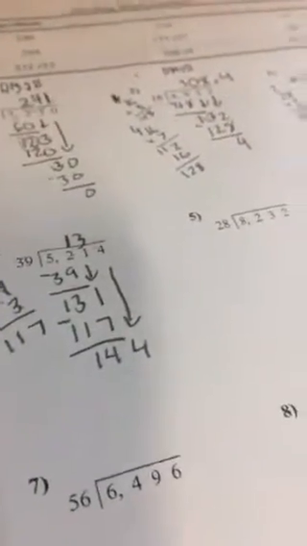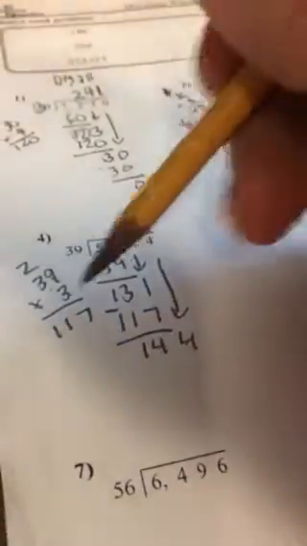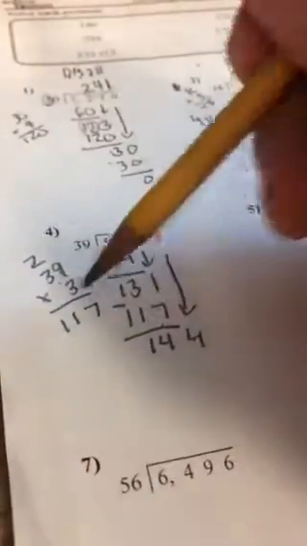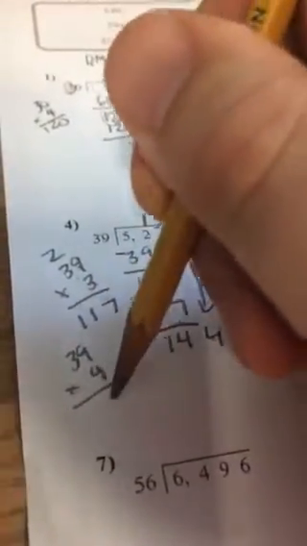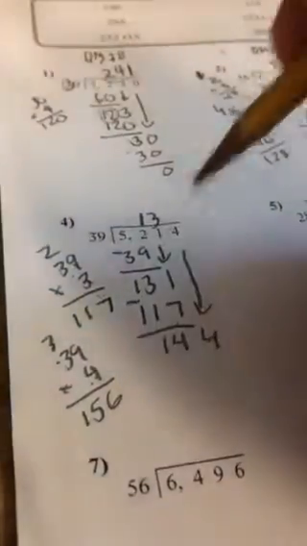I'm going to bring down my 4 like that. All right, so I have 144. So now I'm going to try to figure out how many times 39 goes into 144. I know that the 3 is 117, so I'll try 4 and see what I get. So that's a 6, 12, it's 156, so that doesn't work.